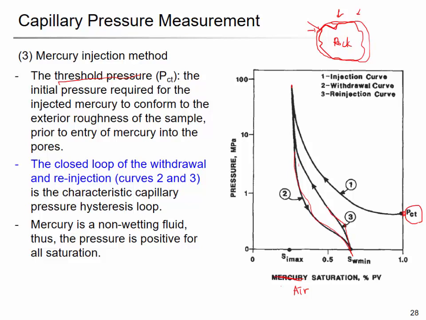So this second line and the third line will make a closed loop showing the hysteresis. So withdrawal of the mercury and the re-injection of the mercury, 2 and 3, is the characteristic capillary pressure curve. So this 2 and 3 is the curve that you want to obtain for a rock core.